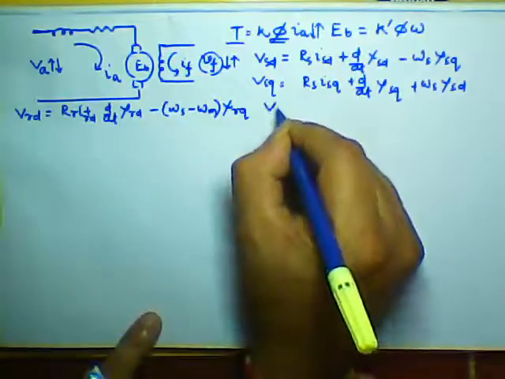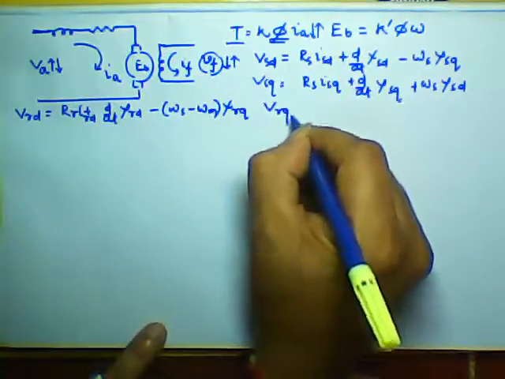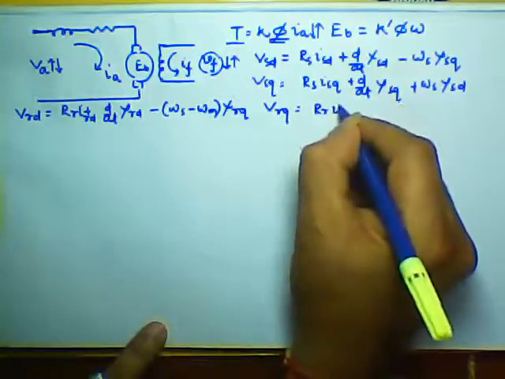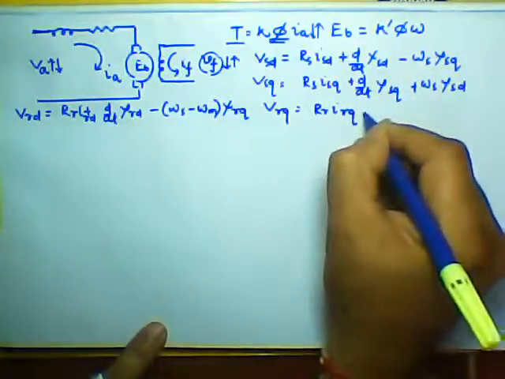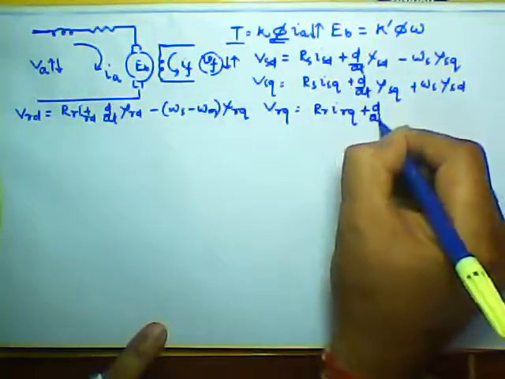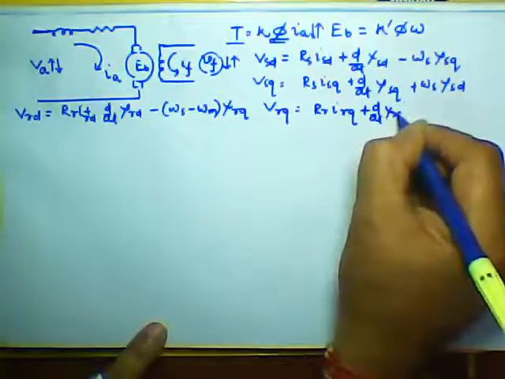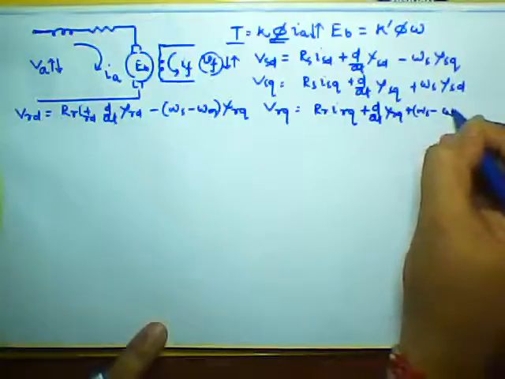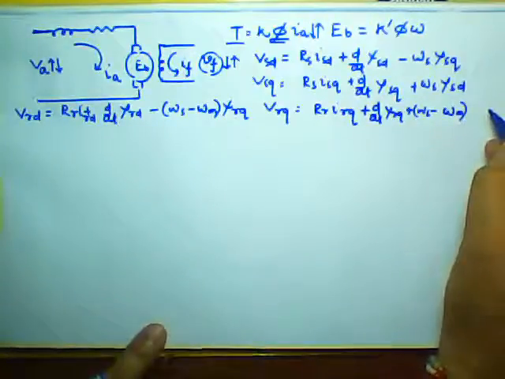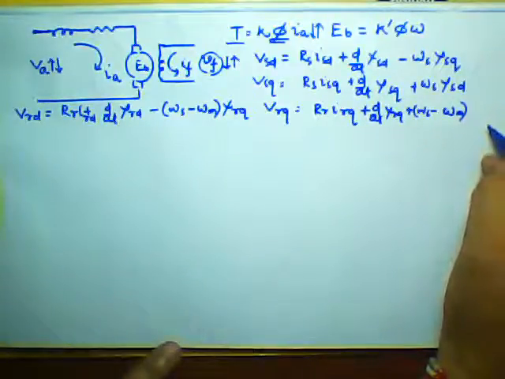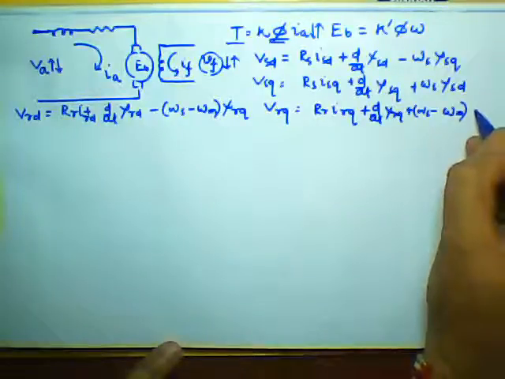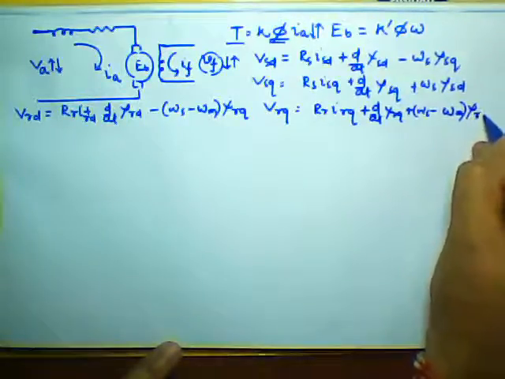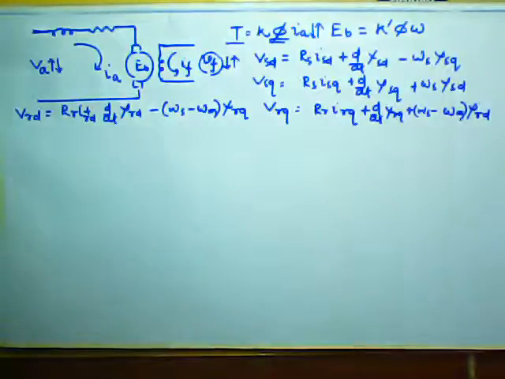And VRQ is equal to RR into IRQ plus d/dt of psi RQ plus omega s minus omega m into psi RD. These are the four governing voltage equations of an induction machine.